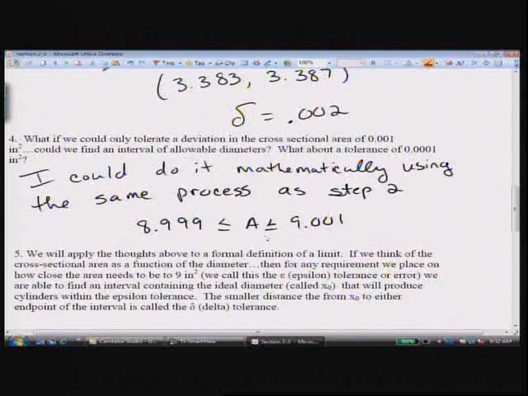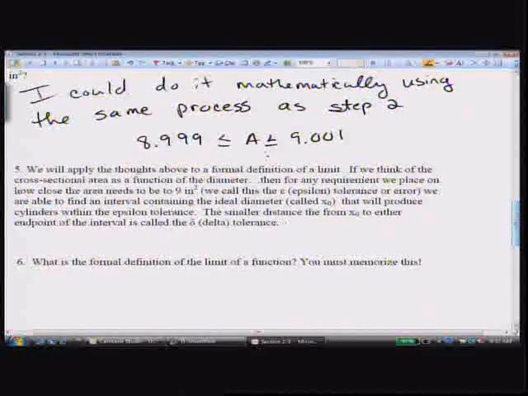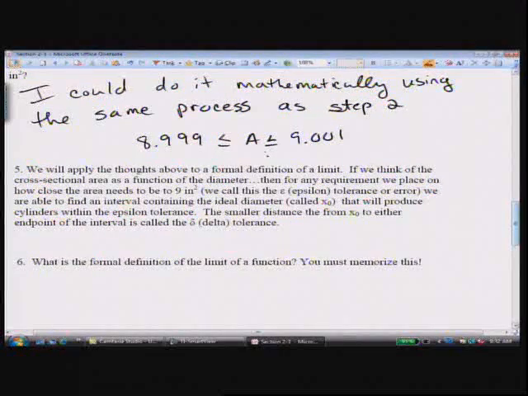That's the idea that we're looking at when we are thinking about the formal definition of a limit. If we think of the cross-sectional area as a function of the diameter, then for any requirement we place on how close the area needs to be to 9 inches, we call this the epsilon tolerance, we are able to find an interval containing the ideal diameter, which we would call x naught, that's your ideal x, that will produce cylinders within the epsilon tolerance.